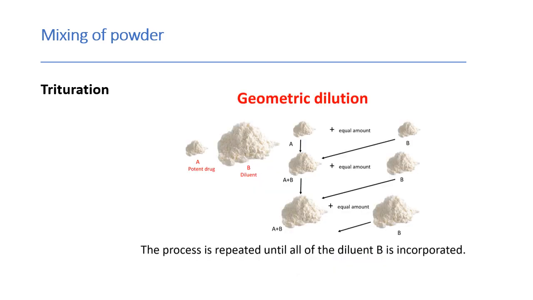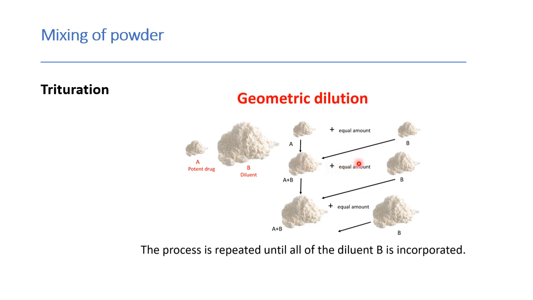In geometric dilution, basically this is a brief representation of how to do it. Suppose this is a potent drug represented by letter A, and B represents the diluent. At the first step, you mix all the potent drug A with an equal amount of B, the diluent. So you have A plus B, which gives AB, a mixture of the potent drug and the diluent.